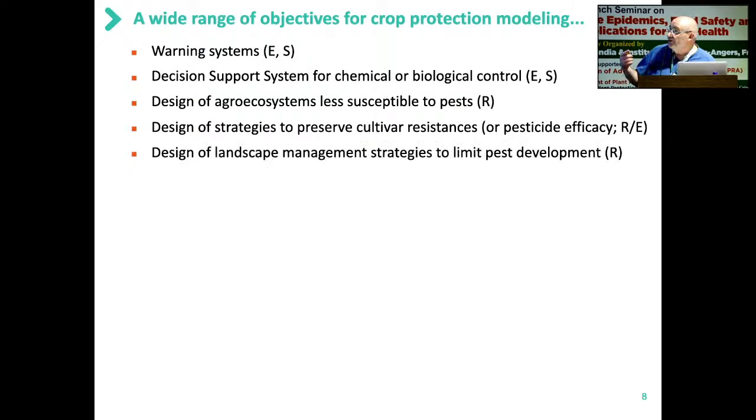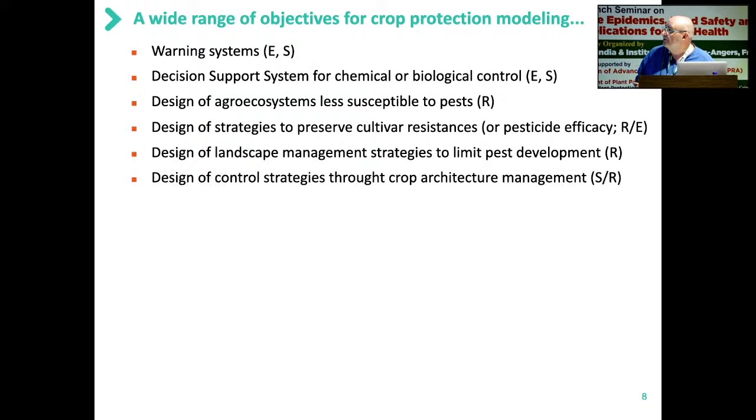You can also think about designing landscape management strategies to limit or control the pest population. You can also use an architectural model to change the control strategy through changing the microclimate through architecture management. You can use models to design ideotypes.